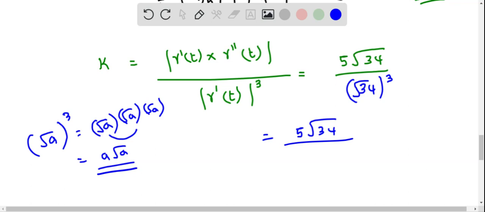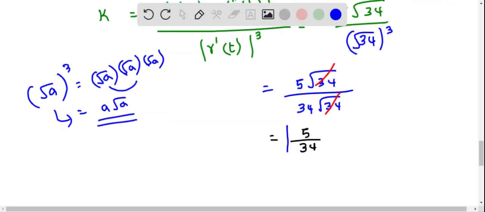Here a equals 34, so we can write this as 34 times root 34. We can now cancel the two root 34 terms, and finally we are left with the curvature as the fraction 5 over 34.